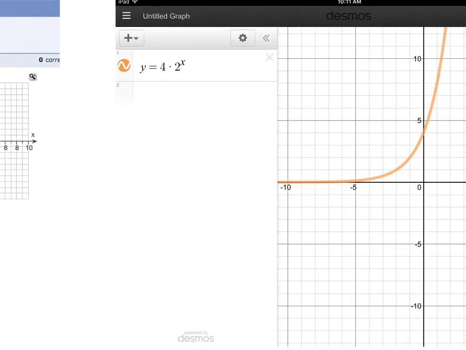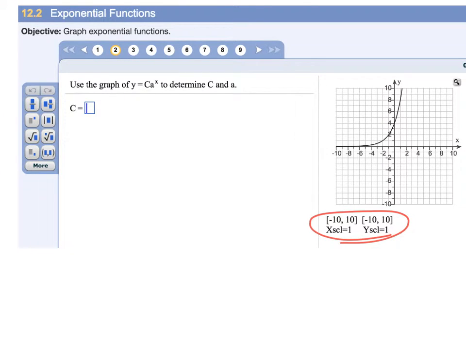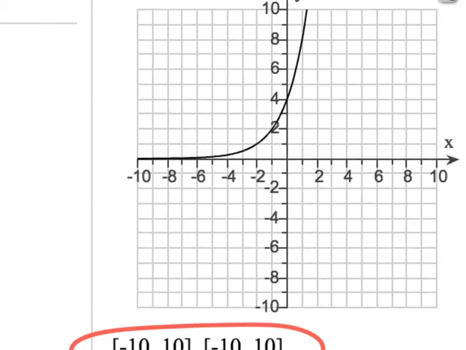All right. So now the question is, how do you figure out the value of c and a? And that's what they're asking us. So the idea is, let's zoom in. Okay, we're zooming in here.